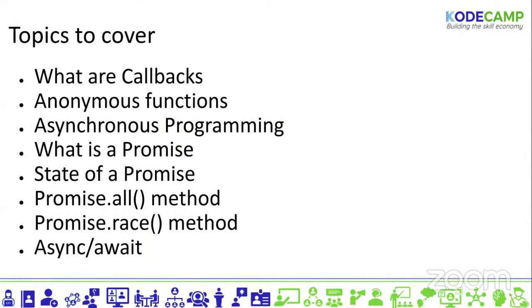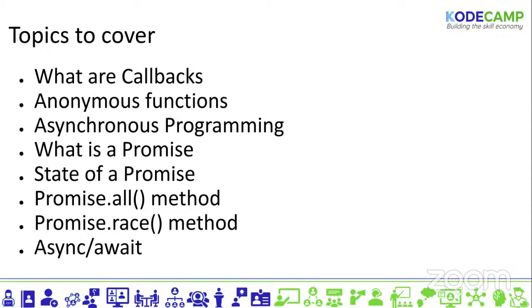Let's look at the topics we are going to cover. We are going to find out what callbacks are. We are also going to find out what an anonymous function is. What's asynchronous programming, and how does it work? Then we will talk about what a promise is, and we are going to see the different states of a promise and how to actually use promises.